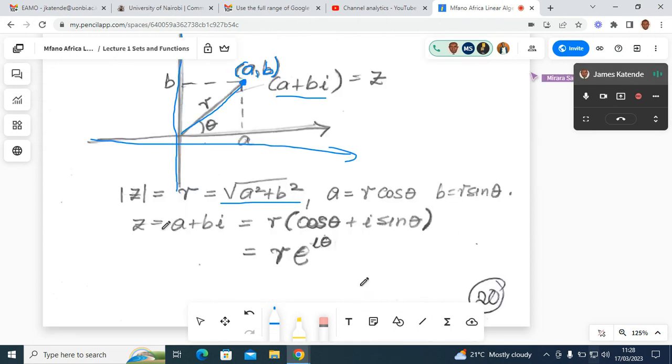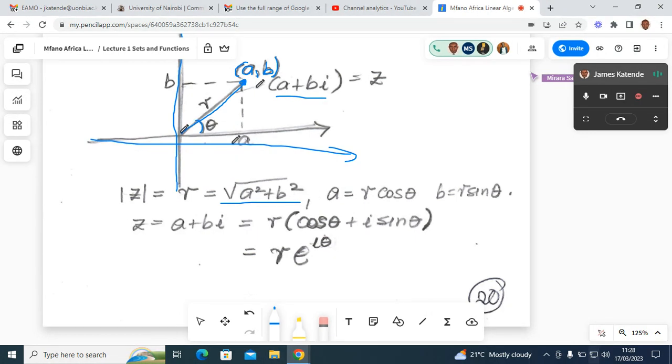You can also write it in polar form, where just using your trigonometry, the angle that this line makes with the positive x-axis, theta, will be called the argument of the complex number.